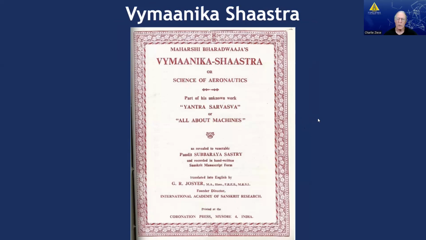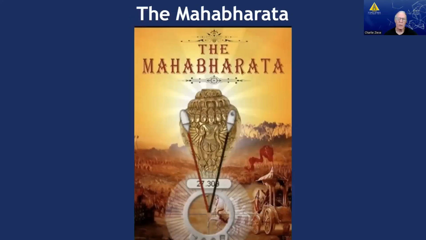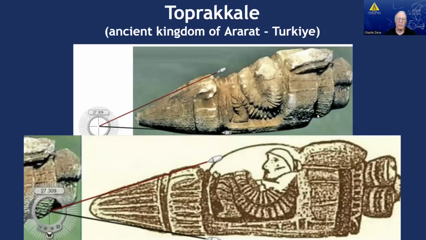So there's a lot of information in there about this geometry and others and how to build these craft. This book was written about 100 years ago. Another book from India giving information about ancient flying craft is the Mahabharata. Interesting to me that once again we see an object with the 27309 geometry on the cover.